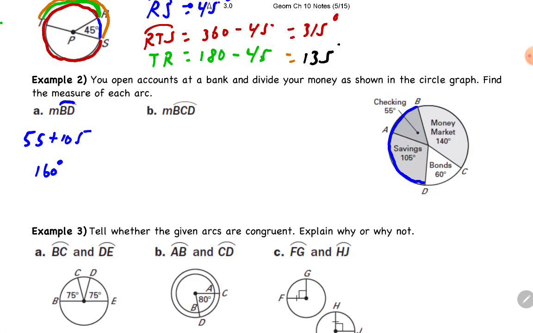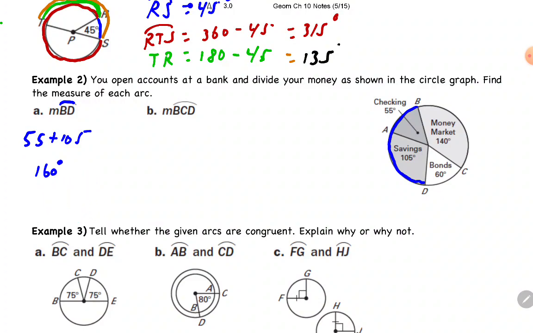Now, this would tell us where most of our money is going, because there's checking, savings, money market, and bonds. Checking and savings is 160 out of the 360. If we had a total amount of money, we would be able to figure out how much money is going to each of those.